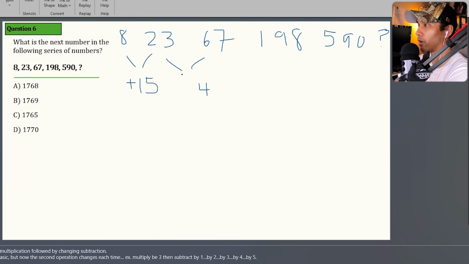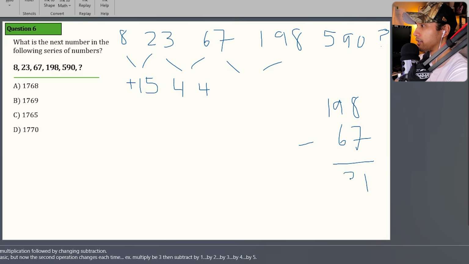So, I mean, 44, right? I think that's 44. And I honestly don't see anything going on here. 67 to 198, let's just do that for the video. 131. Plus 131, and this one was plus 44. So there's nothing really going on there.